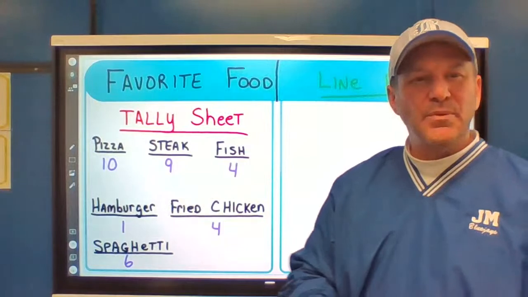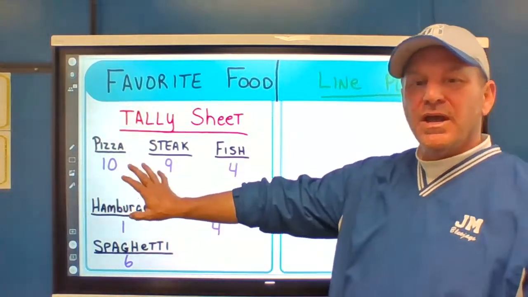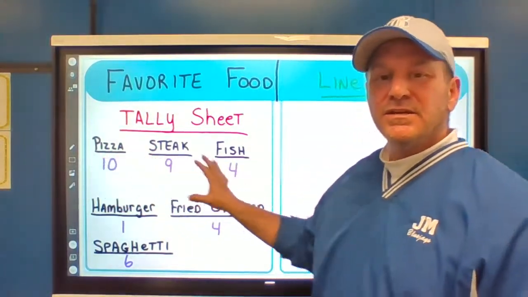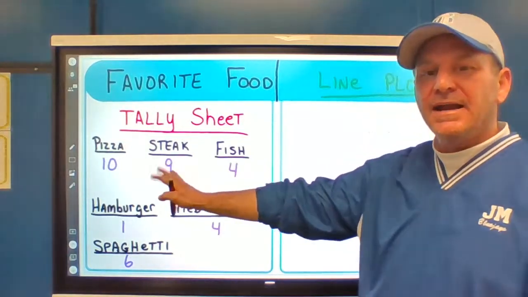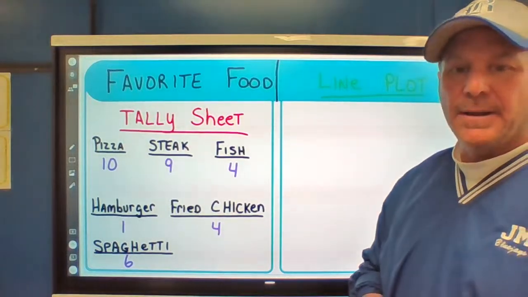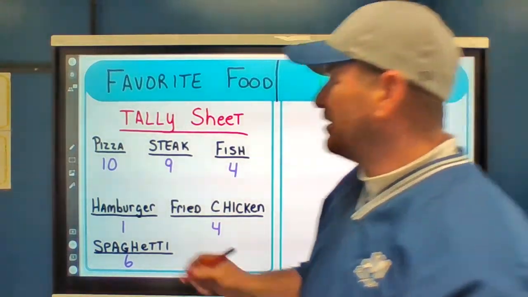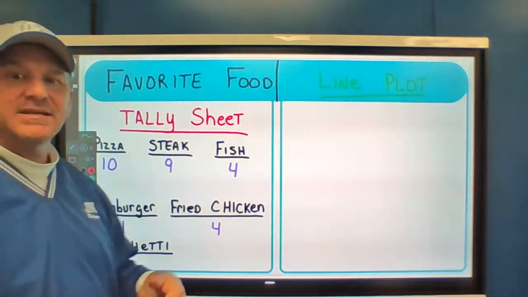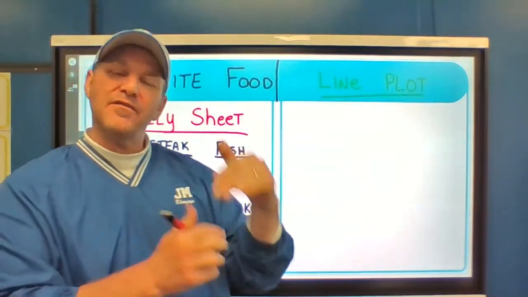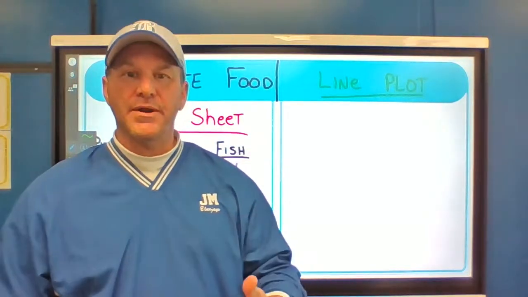So pretty simple. Look at the results, and get it very organized so that I know how many of you chose what category. From that data, now I can create my line plot. Again, very critical, we need to create our key so that we know what every mark we put on our line plot represents.